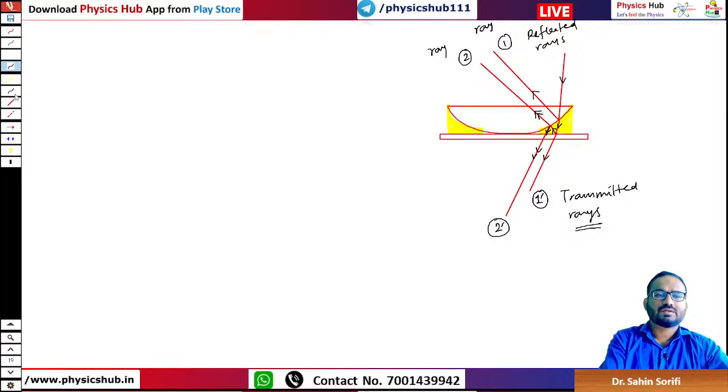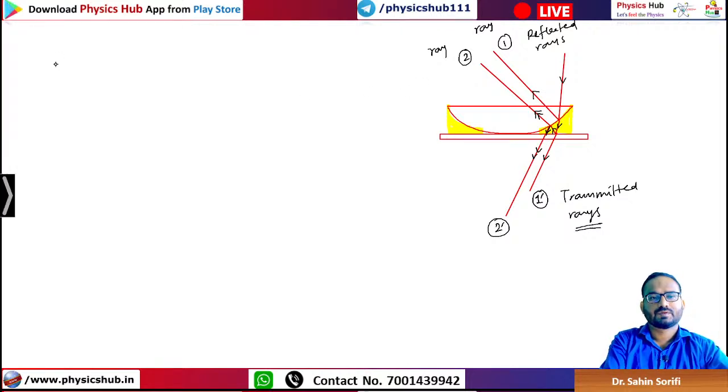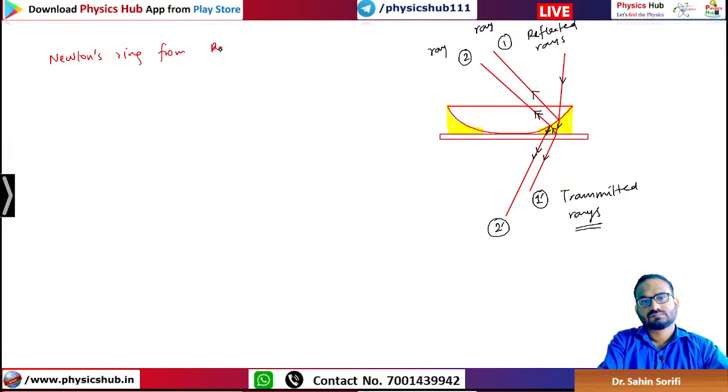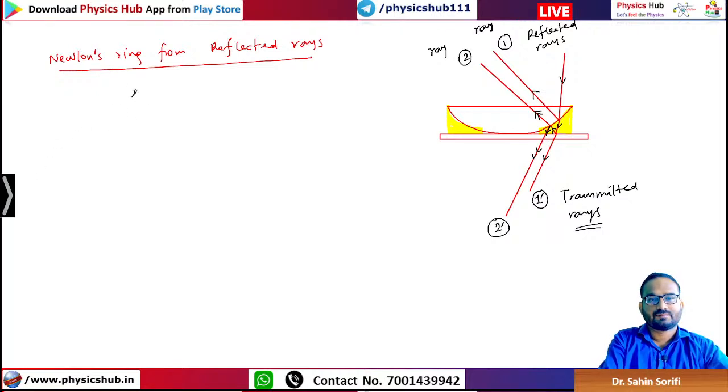So if I talk about the reflected rays, we need to calculate the path difference delta, that is 2 mu d cos phi prime plus theta, the angle of wedge, minus lambda by 2.